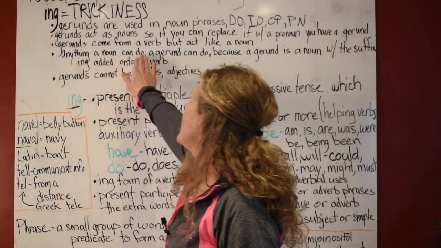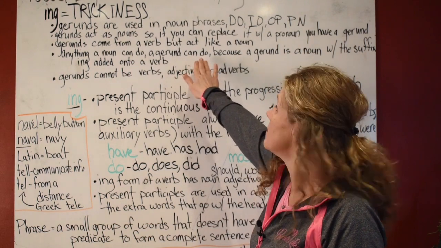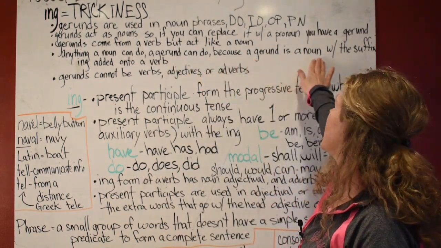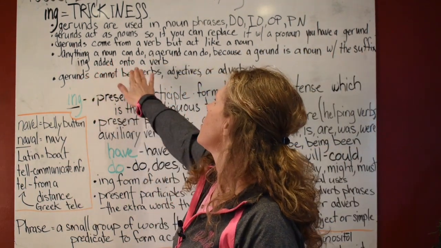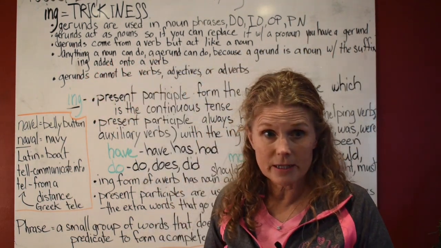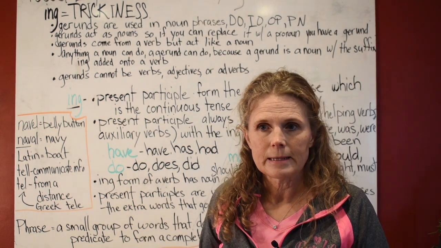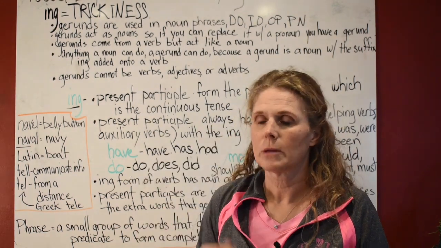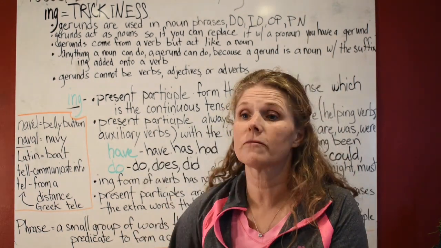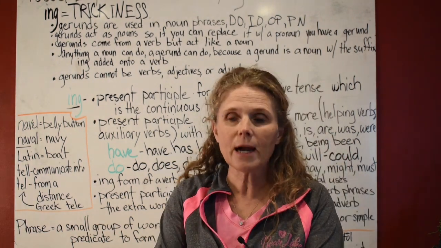So anything a noun can do, a gerund can do, because a gerund is a noun with the suffix ing added onto a verb. What does a gerund do? They sit on verbs. Ing looks like it's a verb, but it's a noun.